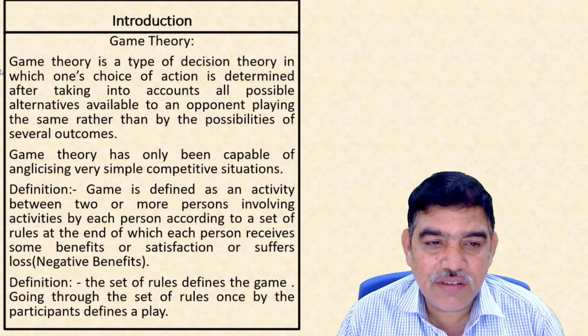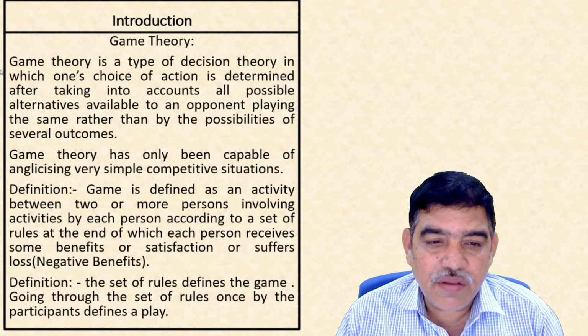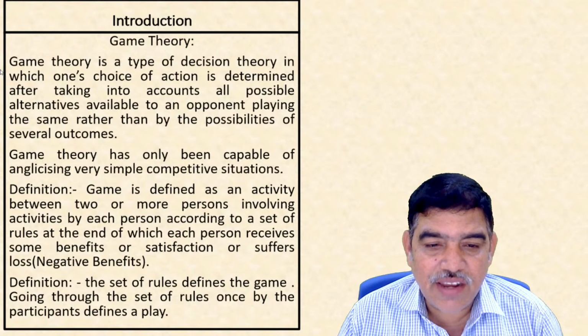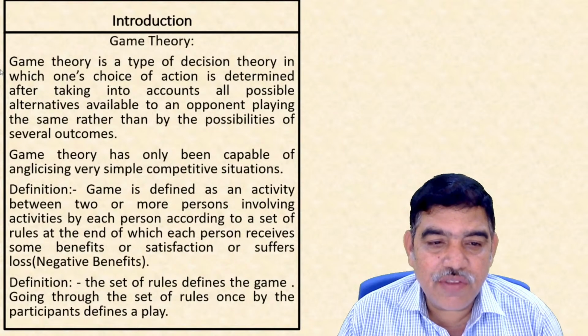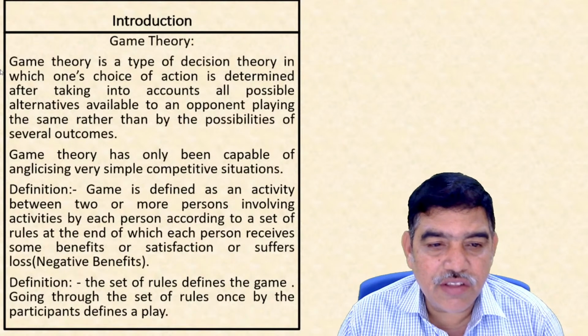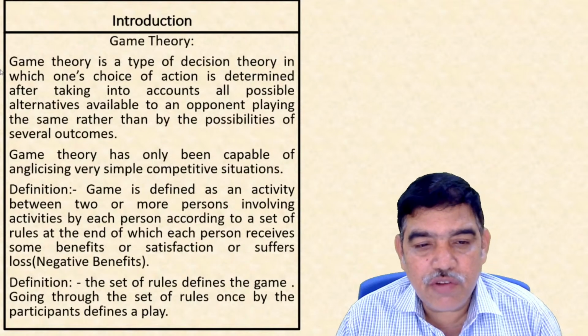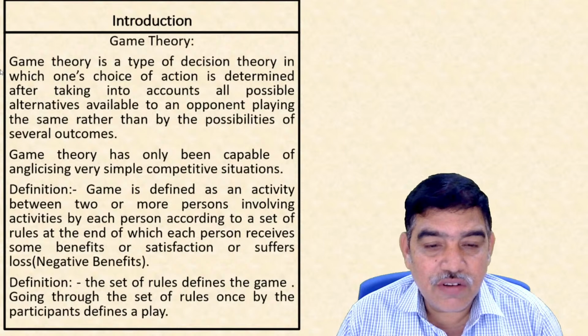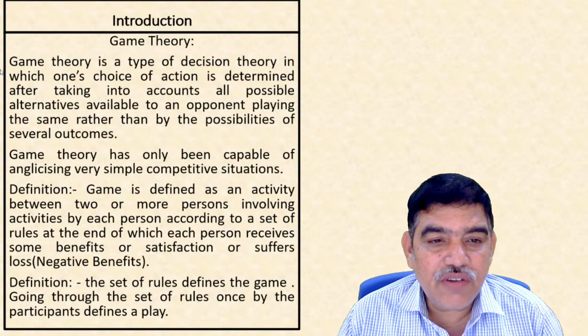That means here the Pepsi company tries to minimize the loss, and at the same time the Coca-Cola company tries to maximize the profit. Whenever one gains, the other must lose. So whenever you face a loss, you try to minimize the loss. That is your game theory.